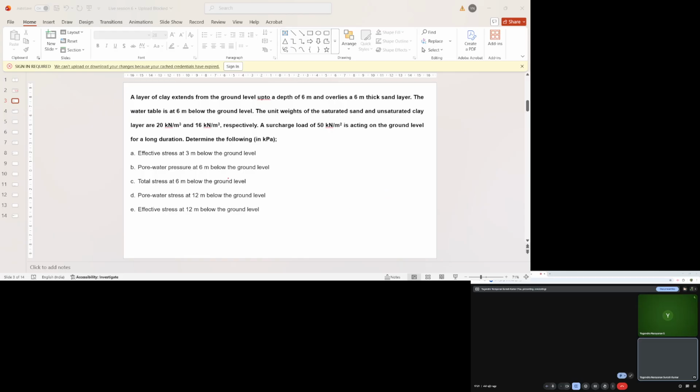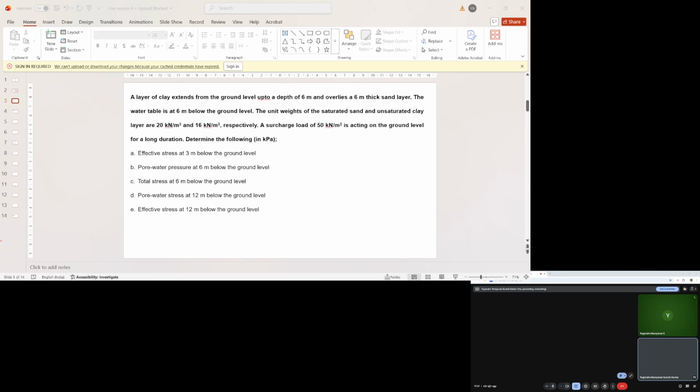Now, effective stress at 3 meters below ground level. So the pore water pressure is going to be zero here. Now for A, sigma dash is equal to sigma minus U. So U is going to be zero since the water level is at zero.